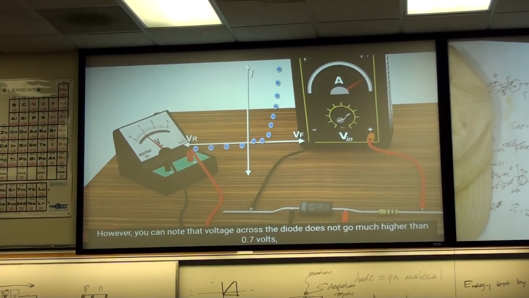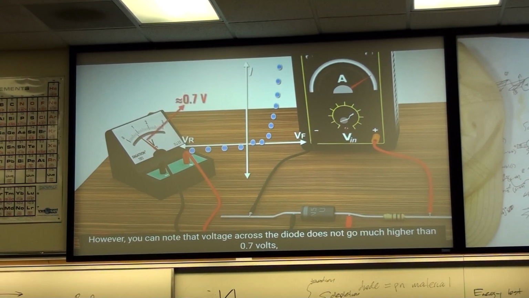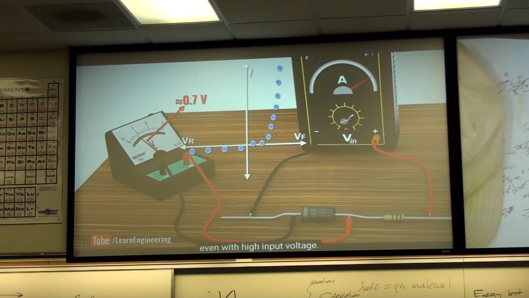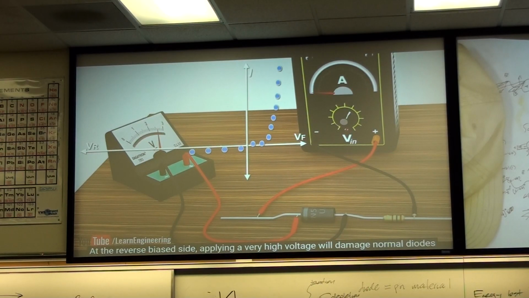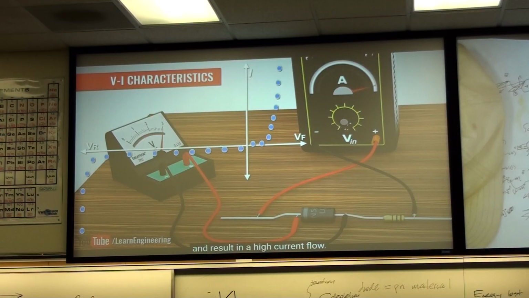However, you can note that voltage across the diode does not go much higher than 0.7 volts, even with high input voltage. This is due to a forward biased condition. The diode offers very low resistance against the current flow. At the reverse biased side, applying a very high voltage will damage normal diodes and result in a high current flow.